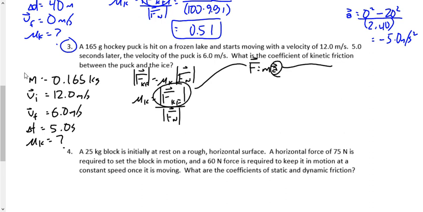For this one, I think we're just going to have to say A is equal to delta V over delta T. Delta V is 6 minus 12 over a time interval of 5 seconds. Negative 7 divided by 5 gives me 1.4. Is it 1.4? 1.2?